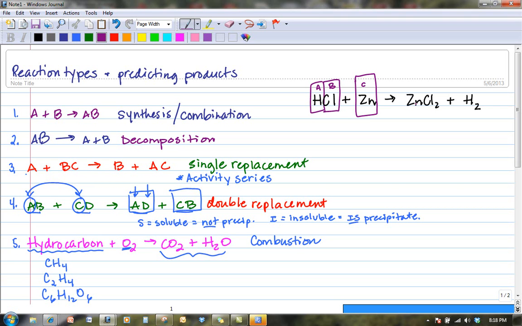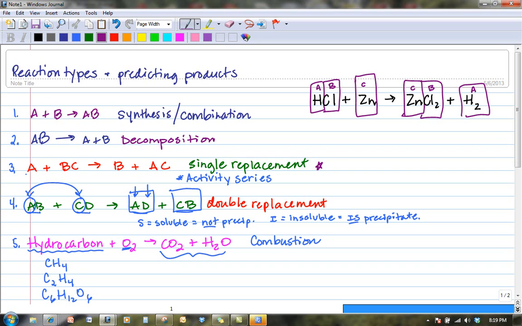And then over on this side, I have C, B, plus A. Now, if I take a look at this, I don't have any general form that is AB plus C. But what I do have is something that's very similar. Look at our single replacement reactions.